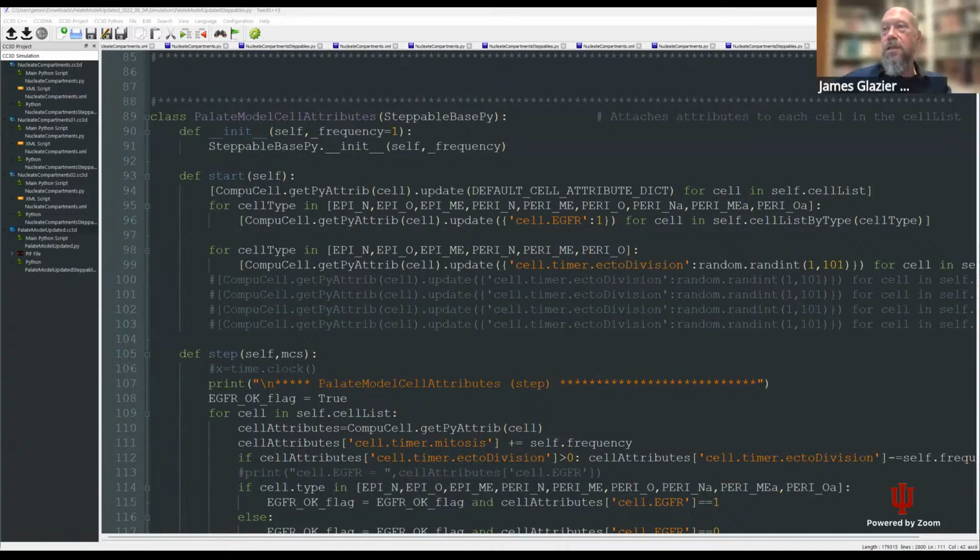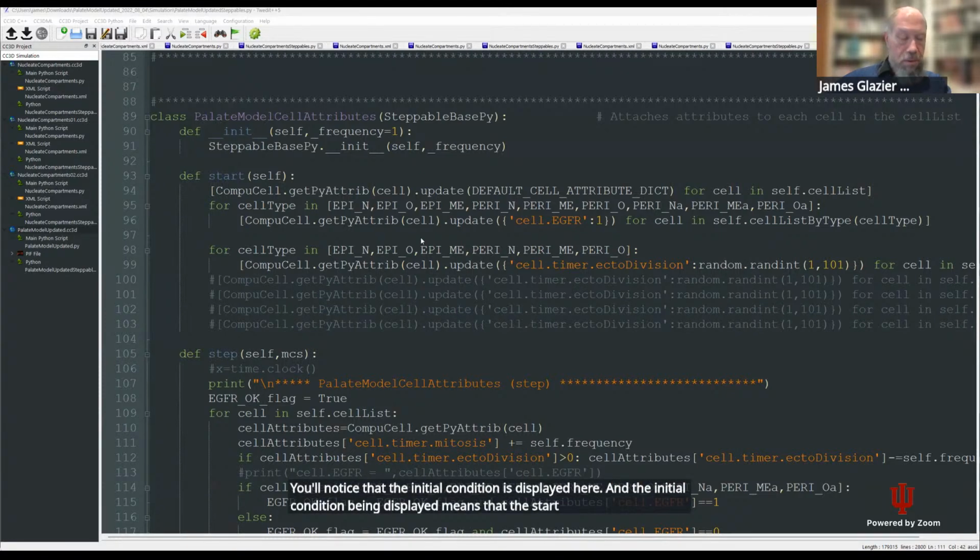If you notice here, the initial condition does work. So this is another debug thing. The initial condition being displayed means that the start function works and the XML works. So this is telling you that the bug is somewhere in the step function.